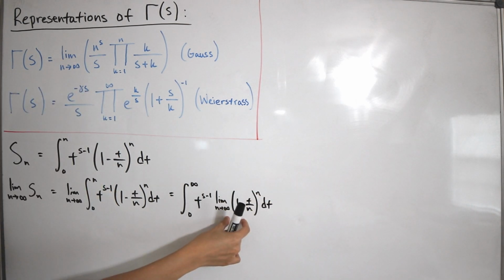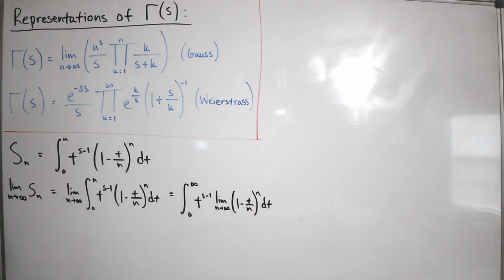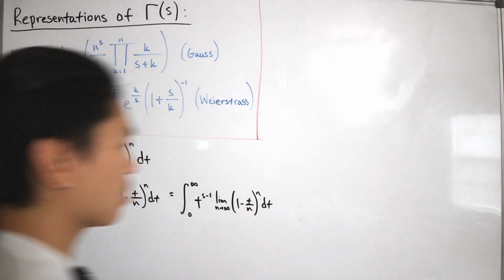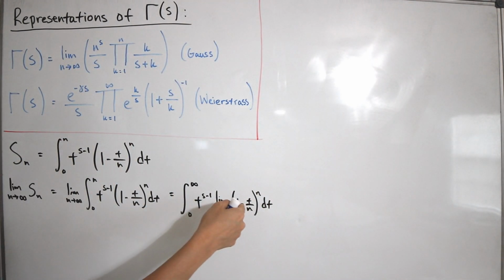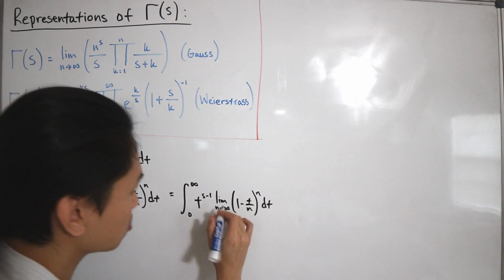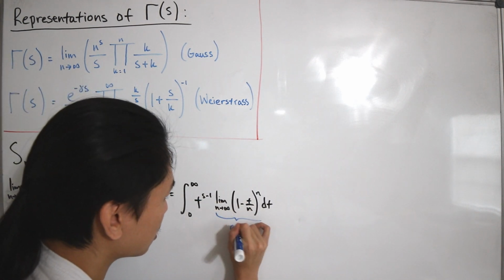Take a look at this. You'll notice that this is actually in the form of a well-known constant. And what does that turn out to be? This is going to approach e to the power negative t. If the sign were positive, it would be e to the power t, but since it is negative, this is going to be e to the negative t.